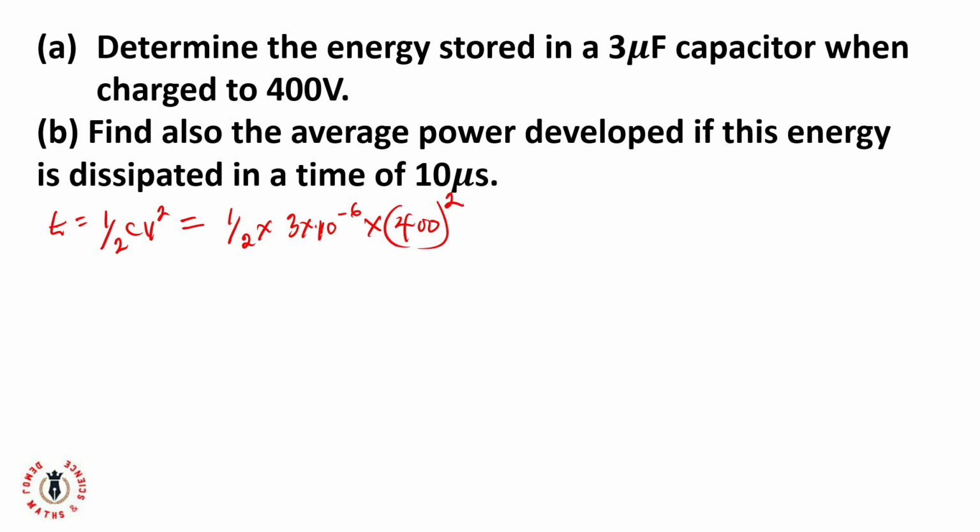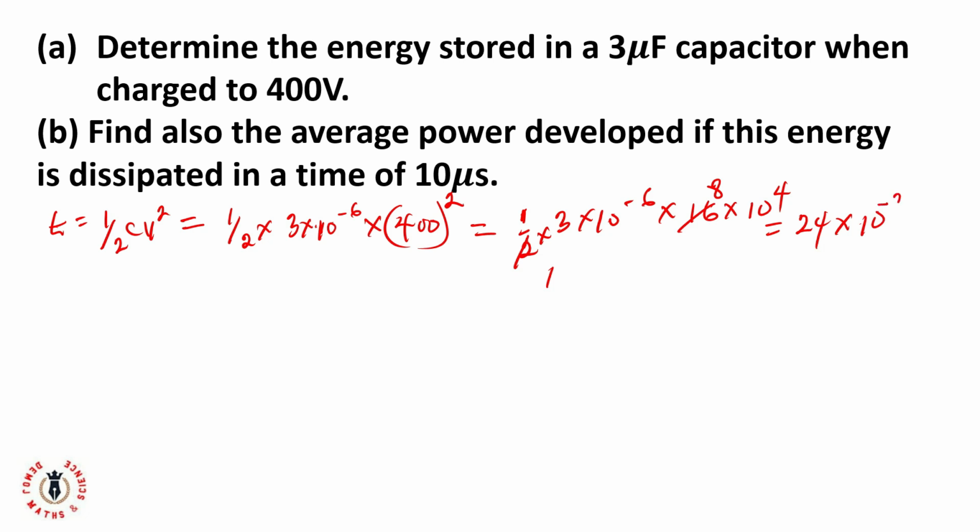Remember V is 400 volts. That will be 16 times 10 raised to the power 4. Now 2 here is 1, 2 in 16 is 8. 8 times 3 is 24.